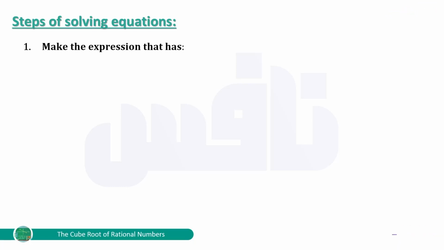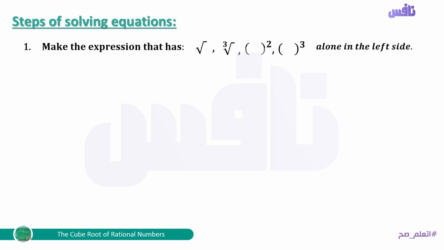Number 1, make the expression that has a square root, cubic root, bracket raised to power 2, or bracket raised to power 3 alone on the left side. يعني بيكون عندي في الإيكويشن term أو expression عليه square root أو عليه cubic root أو بيكون عندي bracket عليه power 2 أو بيكون عندي bracket عليه power 3. أول step إن أخلي الإكسبريشن ده اللي عليه أي حاجة من دول لوحده في الليفت هاند سايد.